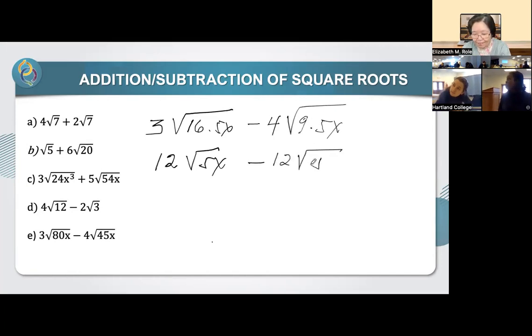The square root of 5x. 12 square root of 5x minus 12 square root of 5x.